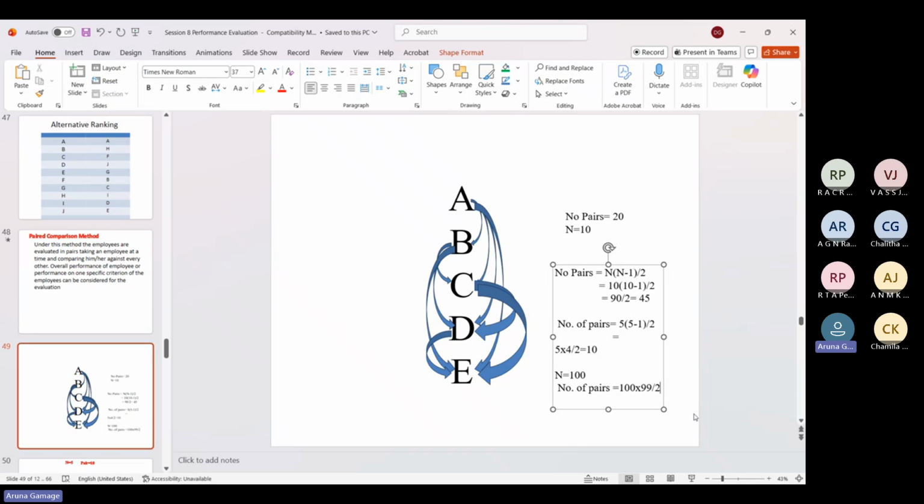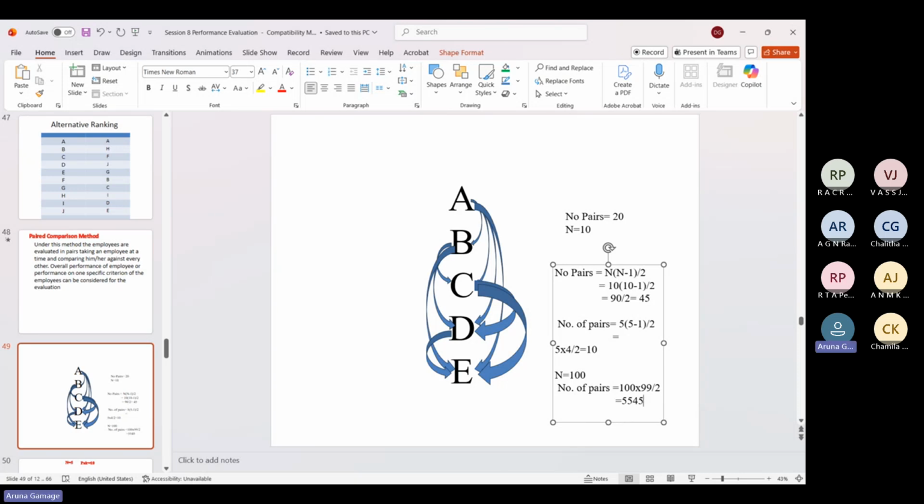That means 9,900 divided by 2, which is 4,950. Correct. So you can do it very easily in your mind. Understand?